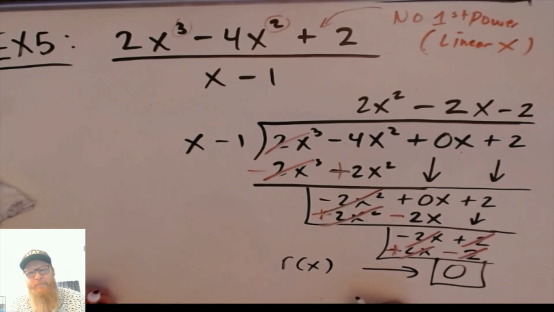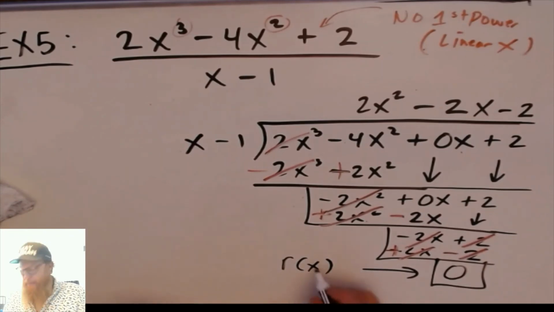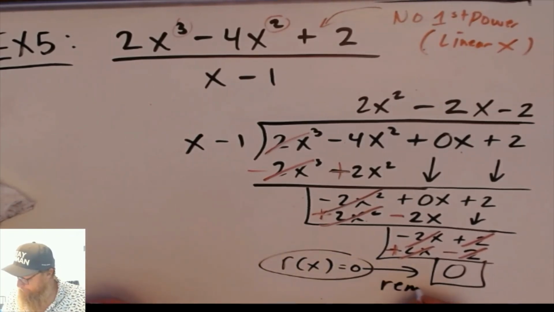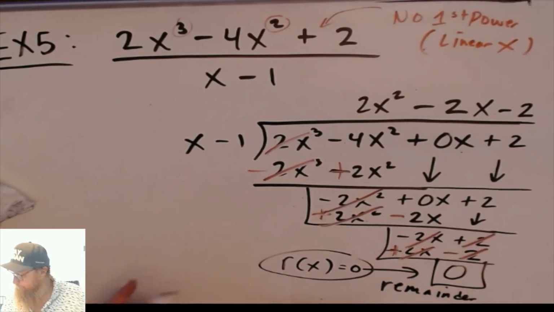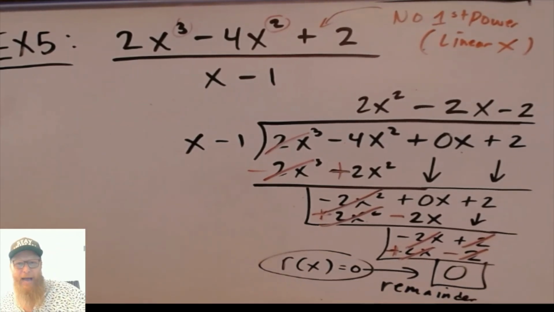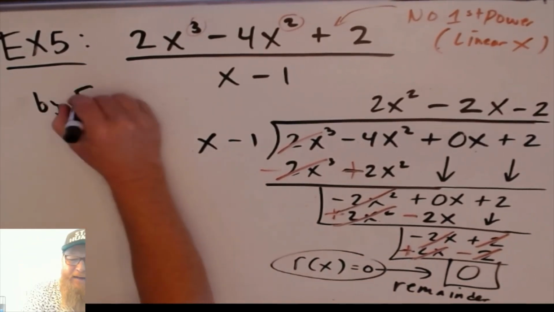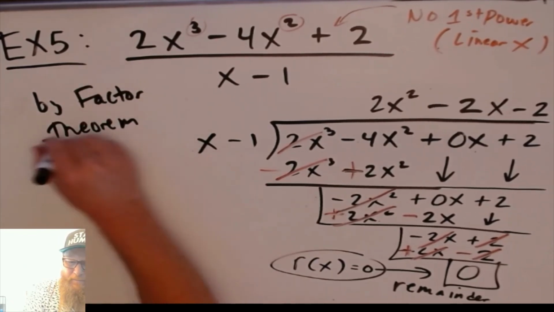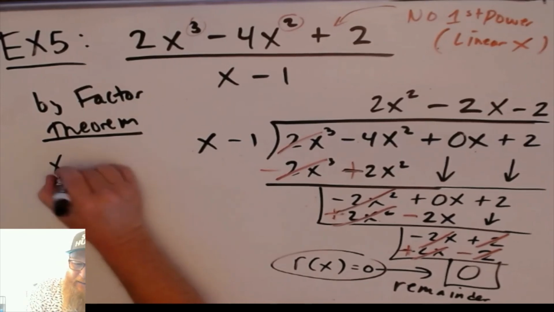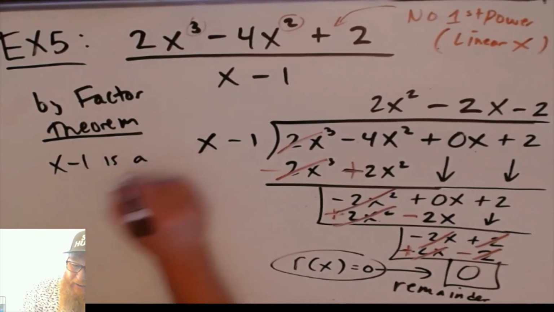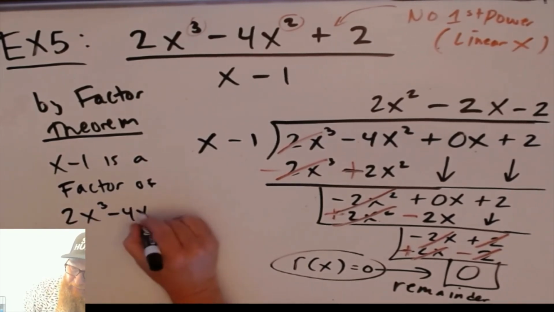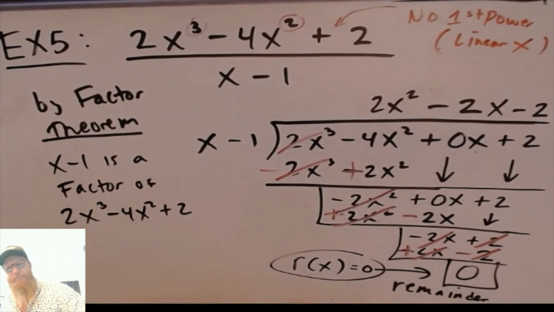Okay. So your remainder is 0. That means, by the factor theorem, x minus 1 is a factor of 2x cubed minus 4x squared plus 2.